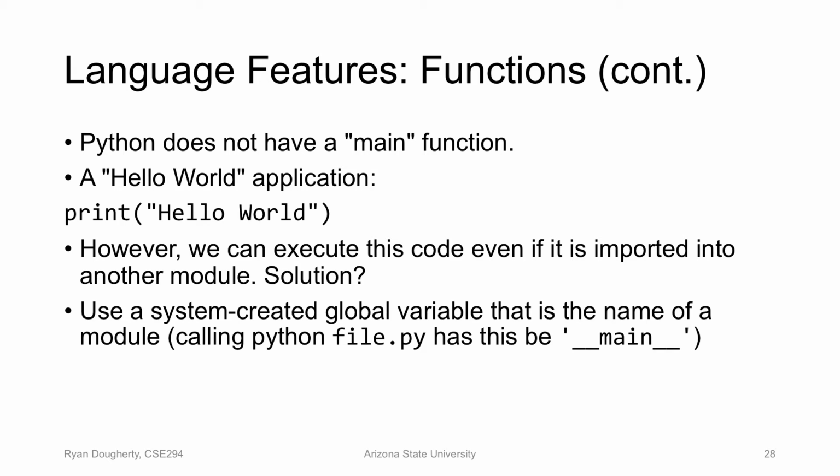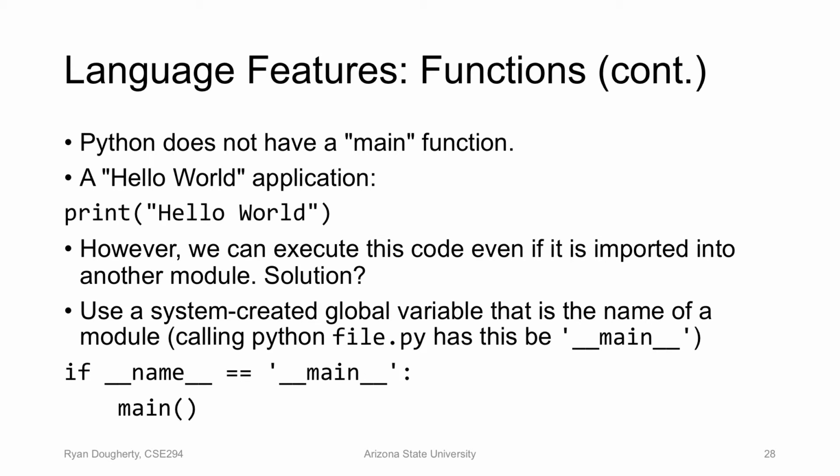So to determine if we're being called by the Python 3 interpreter, we check if dunder name, so double under name, is equal to the string double under main. So if this is true, then we're called from the Python 3 interpreter. If not, then we're being imported from somewhere else.